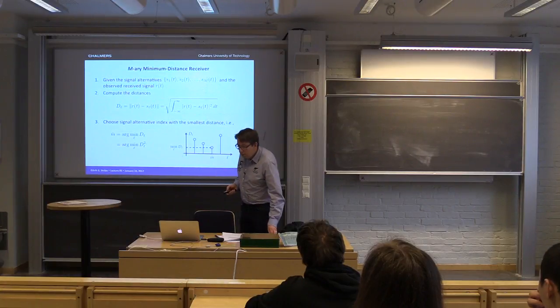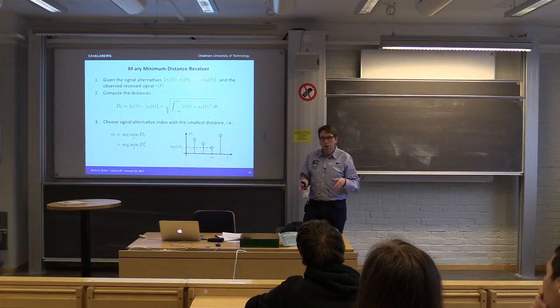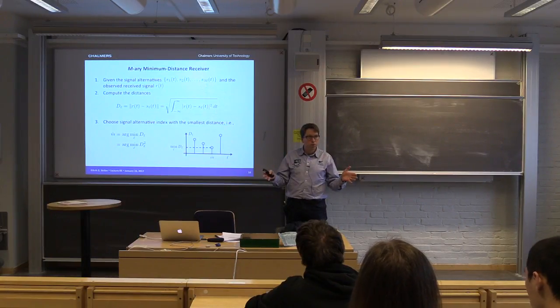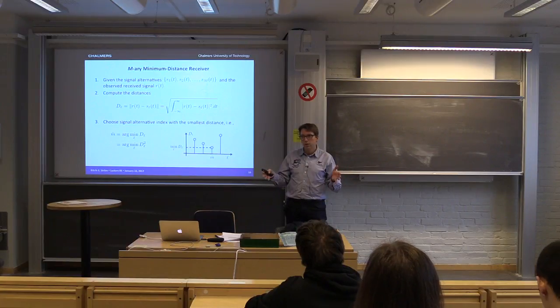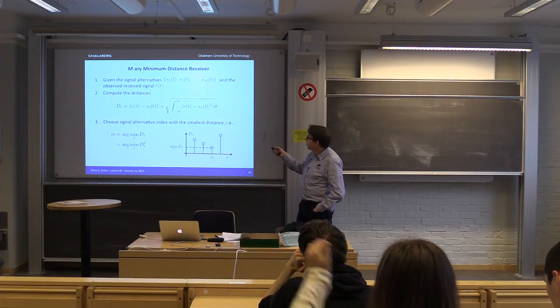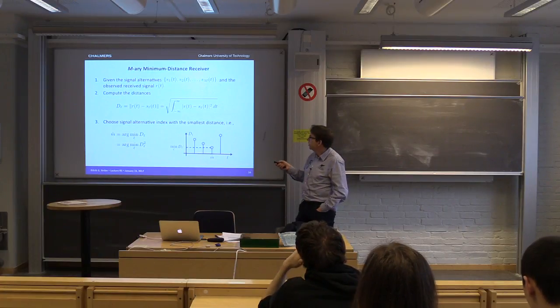The minimum distance receiver works with these concepts. Remember that the receiver takes an observation of the received signal and tries to figure out what the transmitted signal was. The transmitted signal could be one out of capital M possible signals, the signal alternatives.